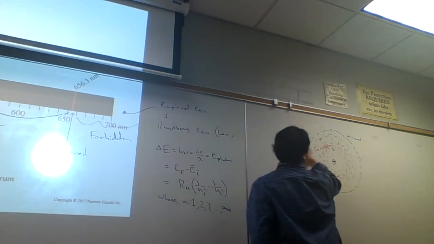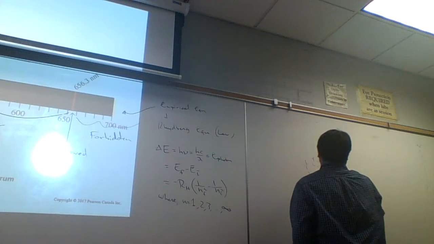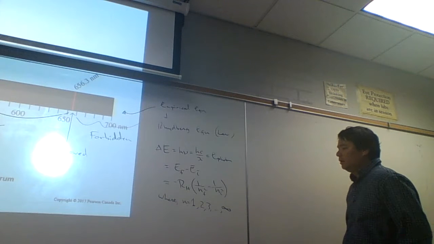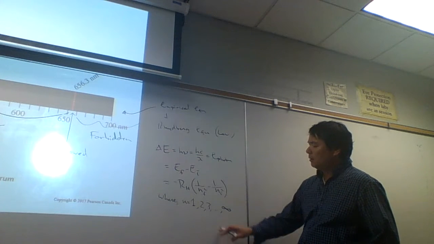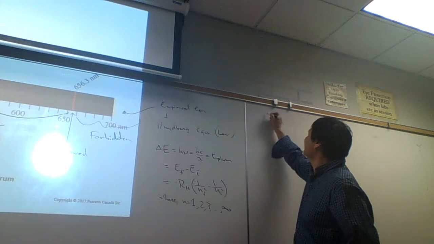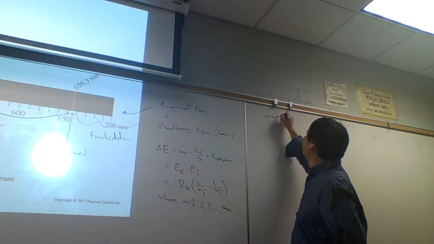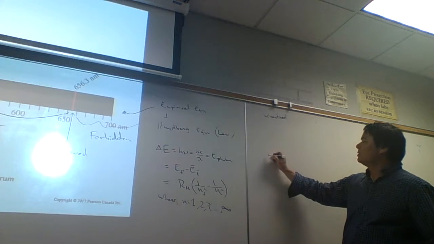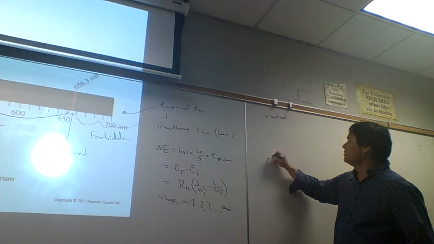And so what we see is that we have these quantized energy levels. They're quantized energy levels because they're going to depend on steps. And so quantized versus continuous would be like this.